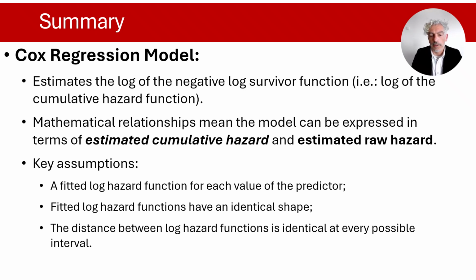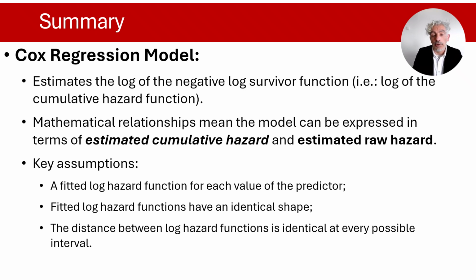So I will conclude this presentation now with a summary of what I have covered, and remember also that with the resources provided, you will also find R scripts to replicate the examples and the graphs that I have displayed here. So to summarize, the Cox regression model estimates the log of the negative log survival function, that is the log of the cumulative hazard function, in other words.